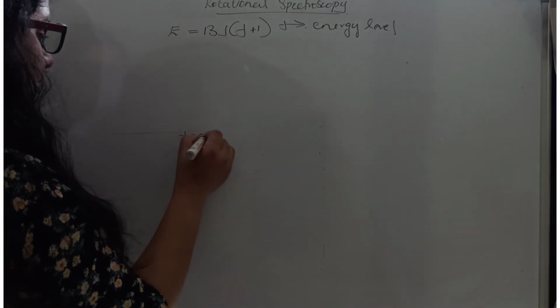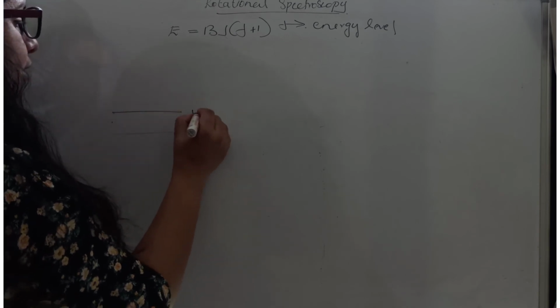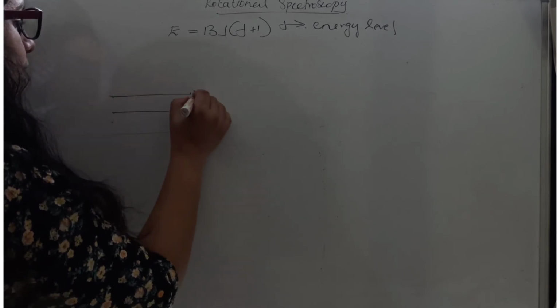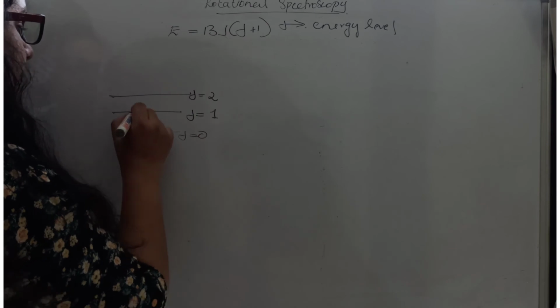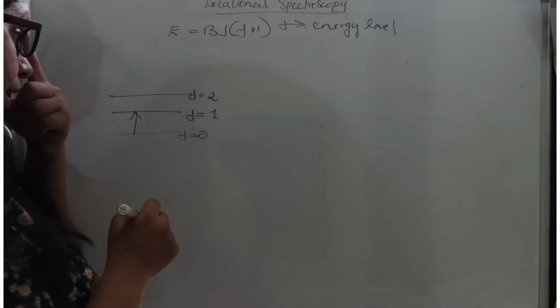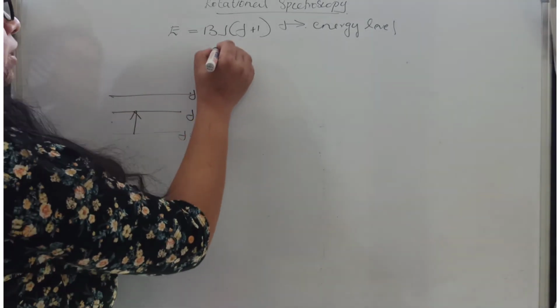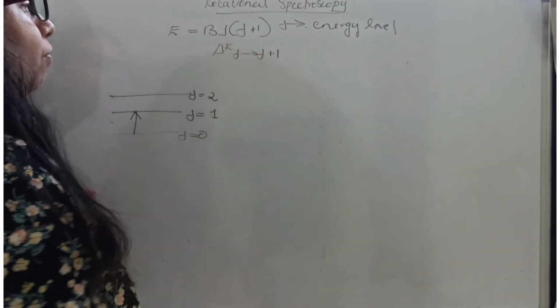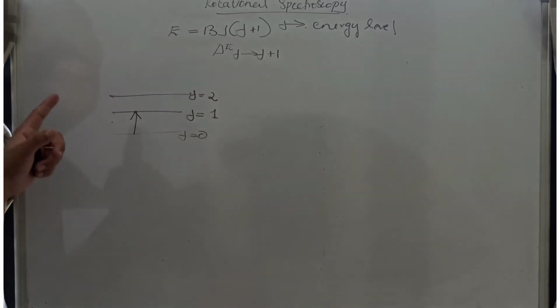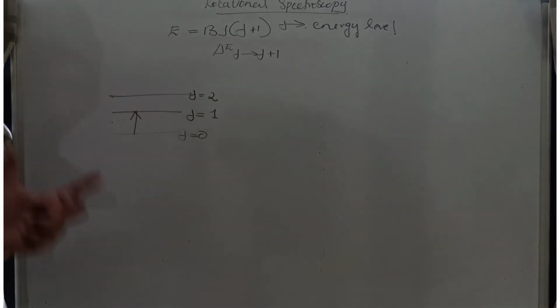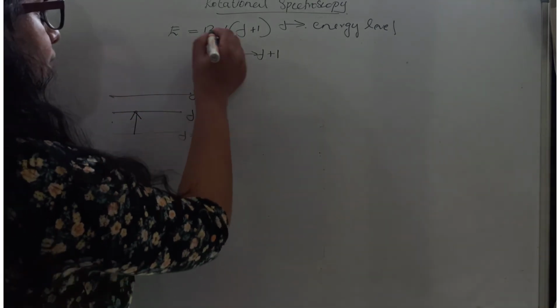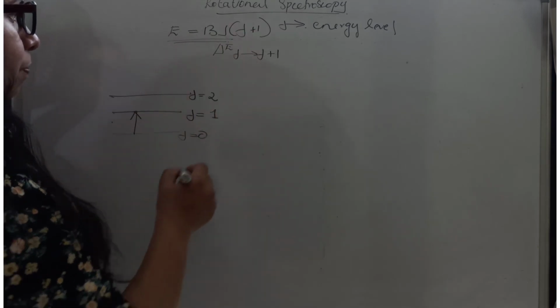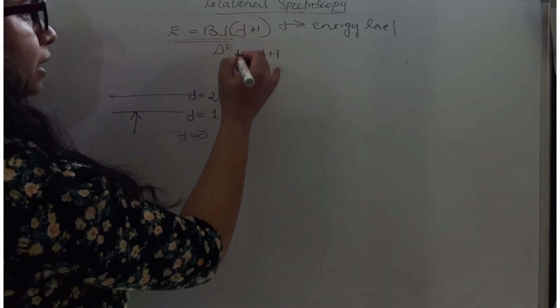Now let us find numerically the energy difference between two rotational levels. For that I am writing J equal to 0, J equal to 1, J equal to 2, and so on. I have to find delta E, the energy difference from J to J plus 1. Here the ground state is J equal to 0 to J equal to 1. The equation is E equals BJ into J plus 1.